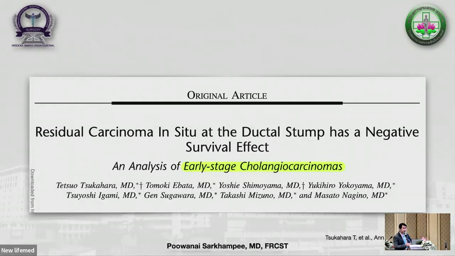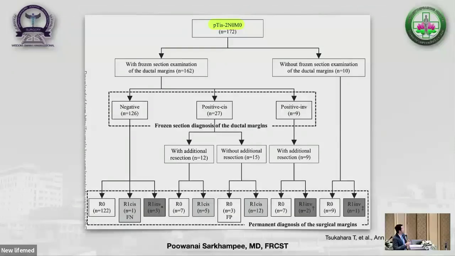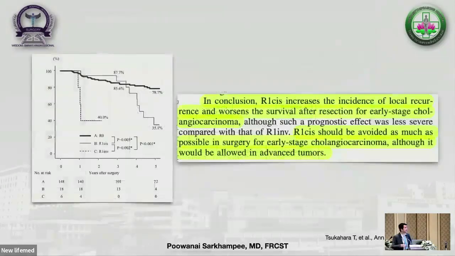This is a paper from Nagoya. They conducted research about carcinoma in situ in early stage cancer. Early stage means node negative and T1 to T2. They found that there is some benefit: improved survival outcome when you perform additional resection for CIS.